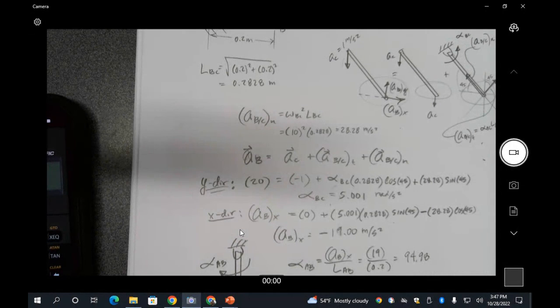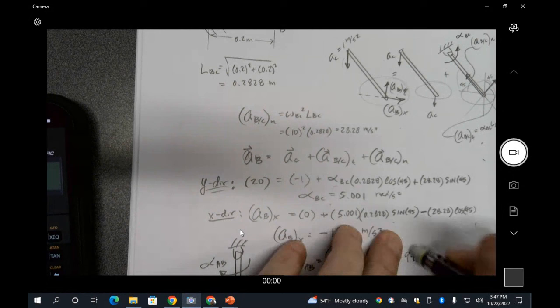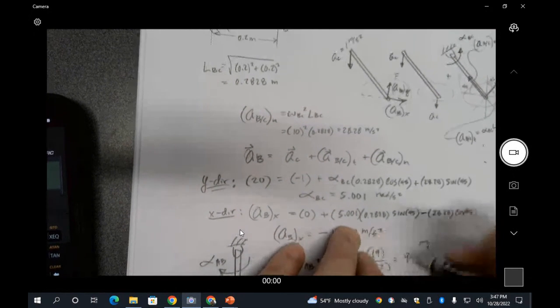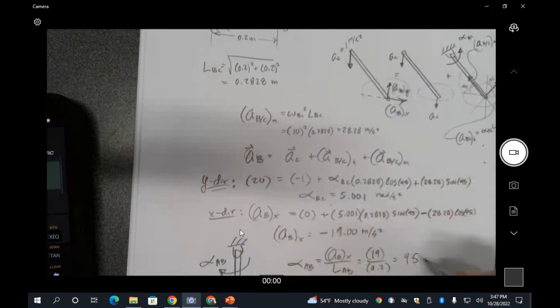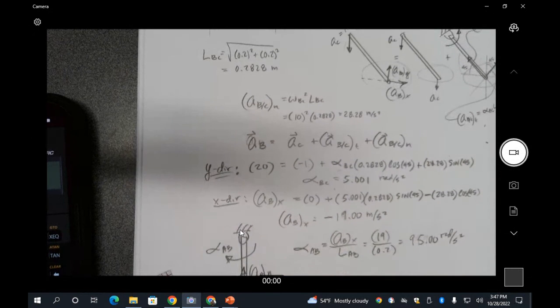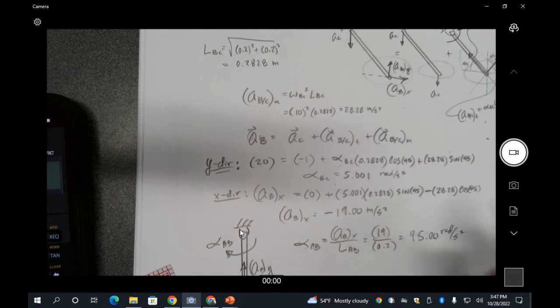Really 19.2, it's really 95. 95 radians per second squared. And it's going to be clockwise.